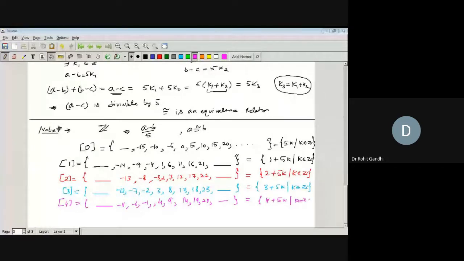Next, what is the equivalence class of 5? कौन बताएगा ये equivalence class of 5? Purnima Thakur. Yes, Purnima.